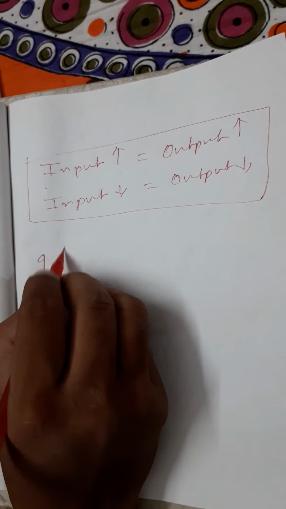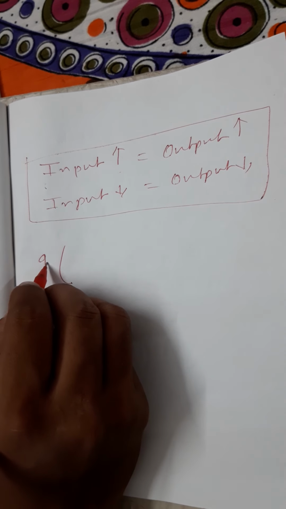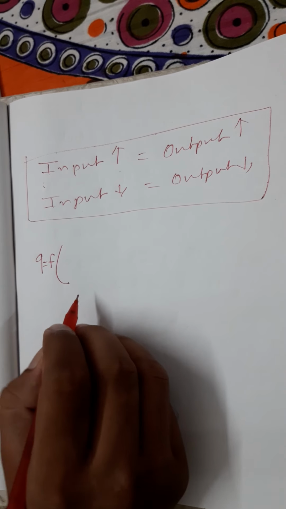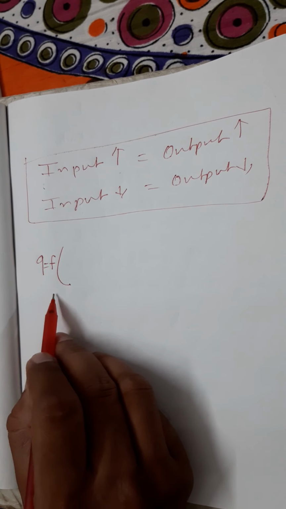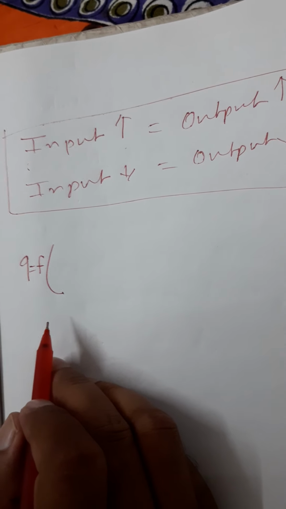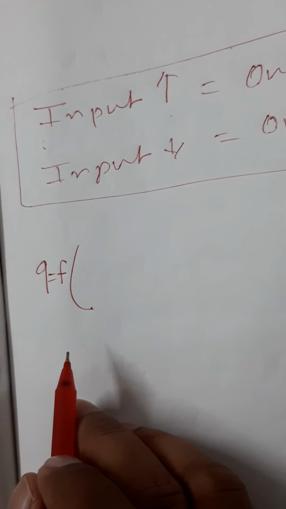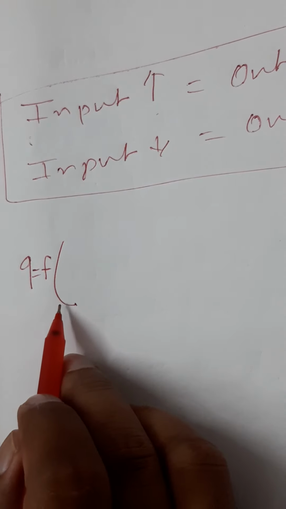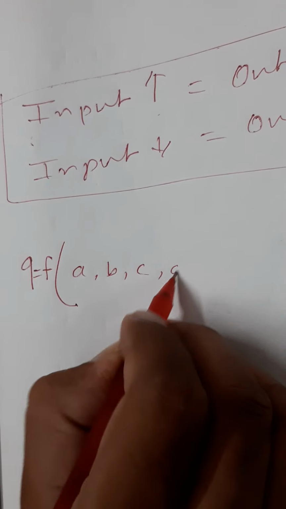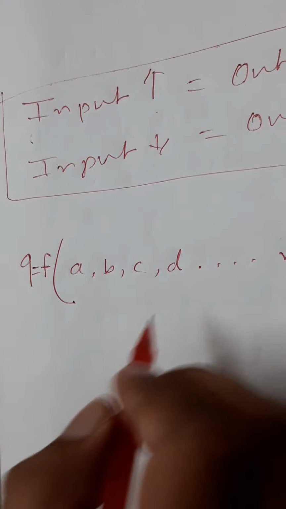Then what is the production function? Try to understand. Q is equal to F, Q is equal to F in brackets A, B, C, D, dot dot dot N. Clear?